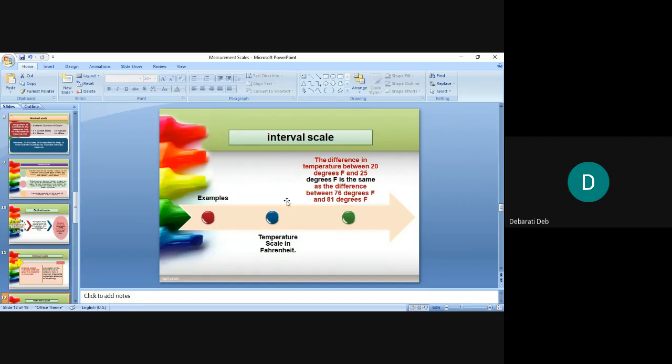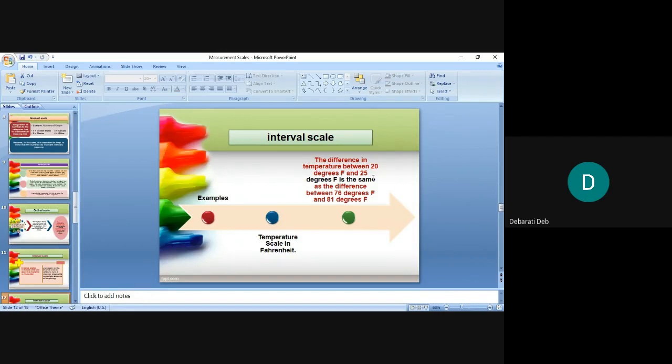Say the difference between the red button and the blue button is 5 units, say this is 25 and this is 20, and also the difference between blue and green is 5 units. So I can say that these two distances are the same.